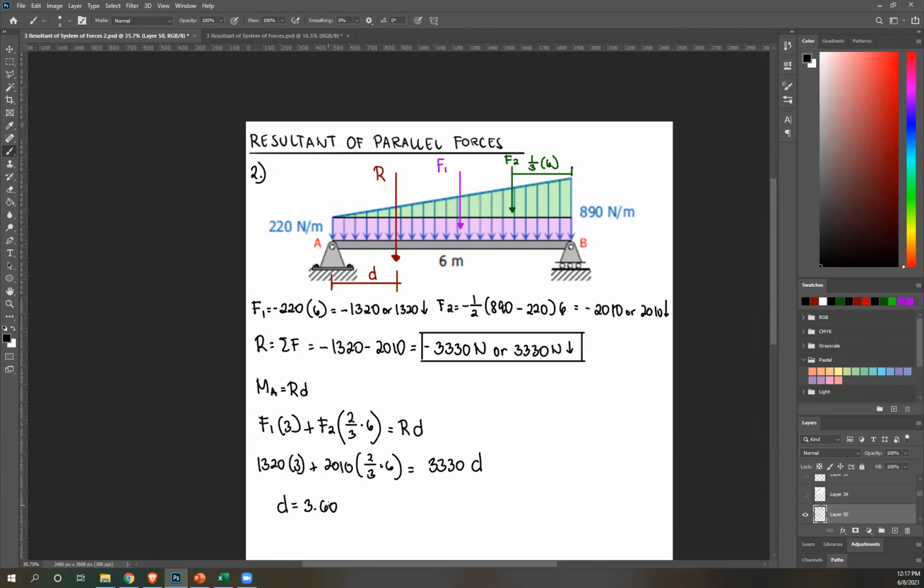So 3.60 positive, therefore correct assumption, it is to the right of A. So specify that here, to the right of A. Once again, if our answer turned out negative, that means we have an incorrect assumption for the location of your R. Okay? So that's number 2.